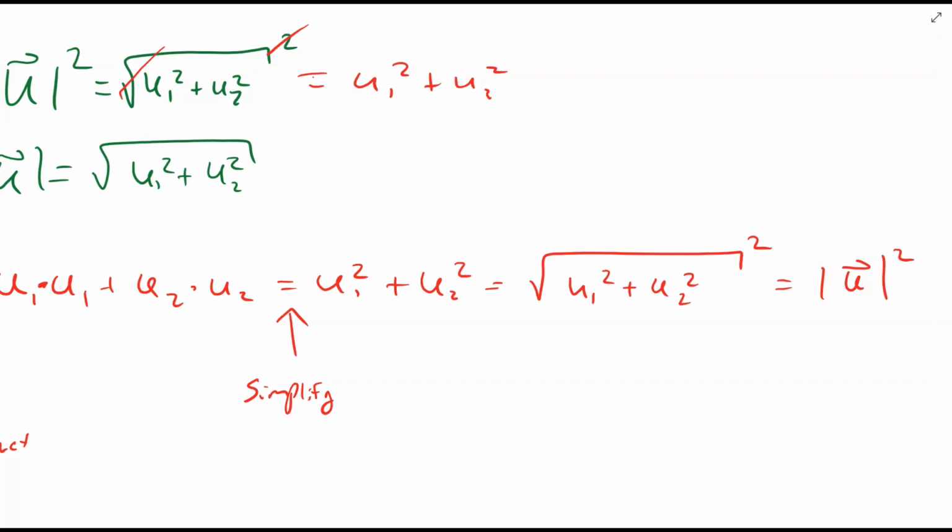Couldn't you just say, by the law of magnitude, vector u times vector u is equal to the magnitude of vector u squared, since that's equal to vector u times vector u?